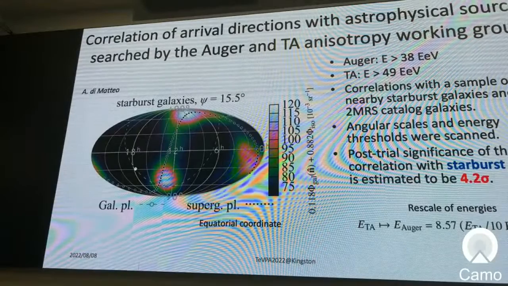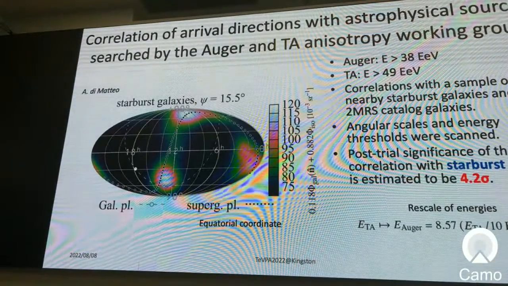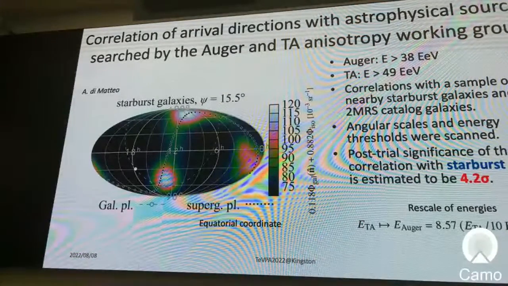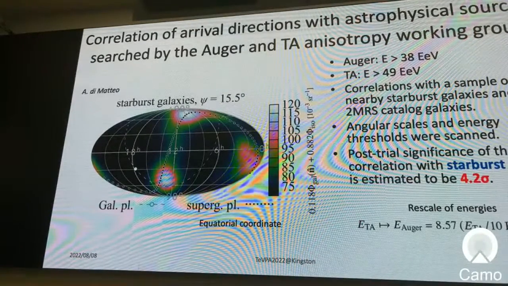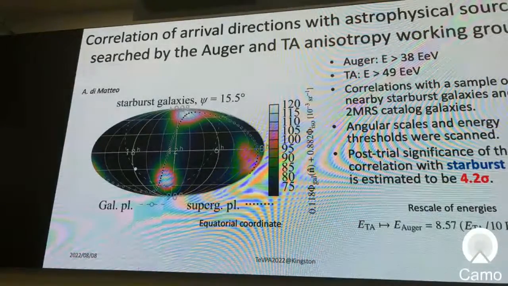The correlations with a sample of nearby starburst galaxies and 2MASS 2MRS catalog galaxies were searched. And angular scales and energy thresholds were also scanned.